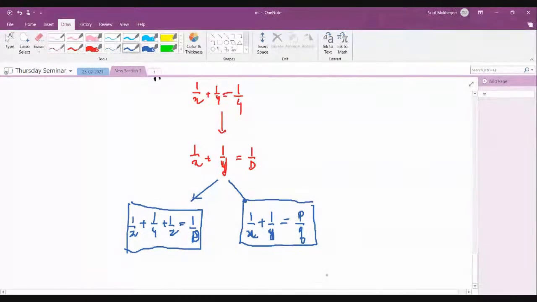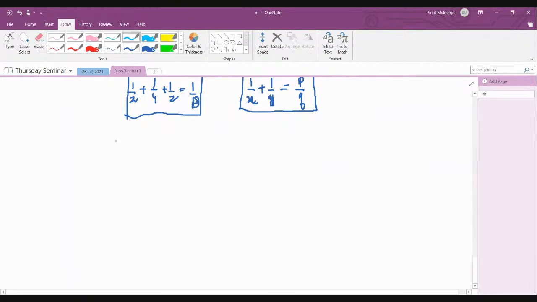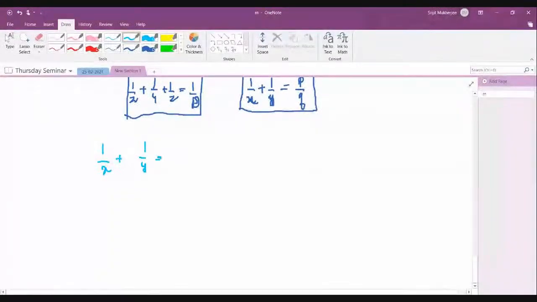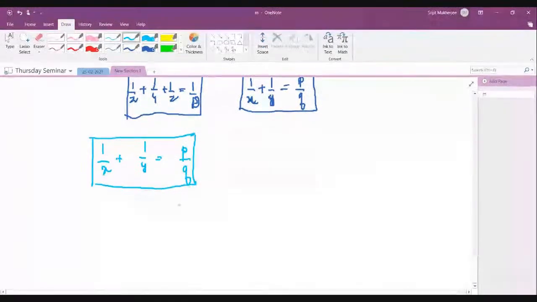Okay, second one, the fraction. Let's write that. 1 by x plus 1 by y is equal to p by q. This is interesting. So you get qx plus qy minus pxy is equal to 0.